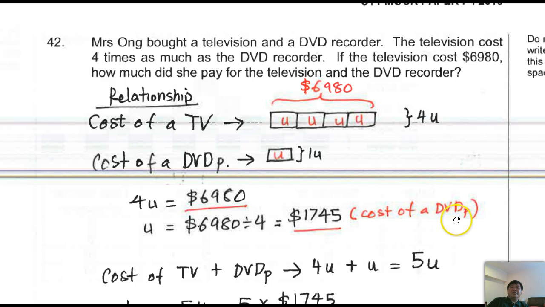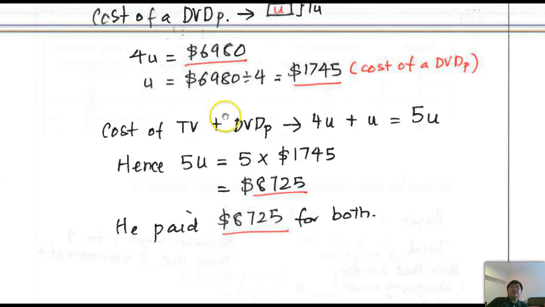I need to find out the cost of the TV and the DVD player. The TV is 4U, the DVD player is 1U, the total gives us 5U. So 5U is 5 times the 1U, right? So 5 times 1745. This is the total amount Mrs. Chua paid for both items.